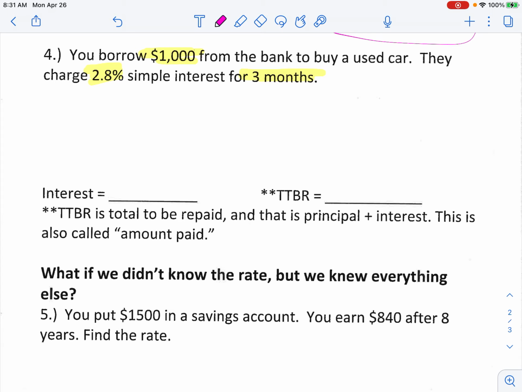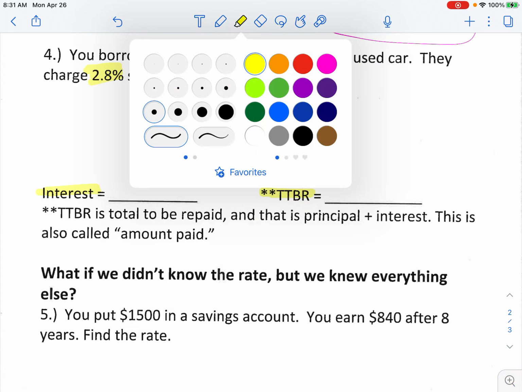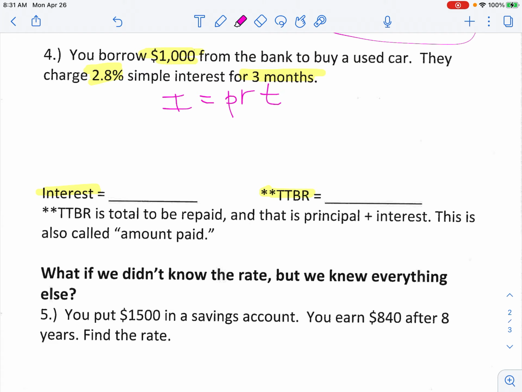We are still using the same formula. The interest is still calculated by principal times rate times time. So notice down here underneath the problem, it's asking us to find the interest and the TTBR. Now we've given you the definition for that. TTBR is total to be repaid.